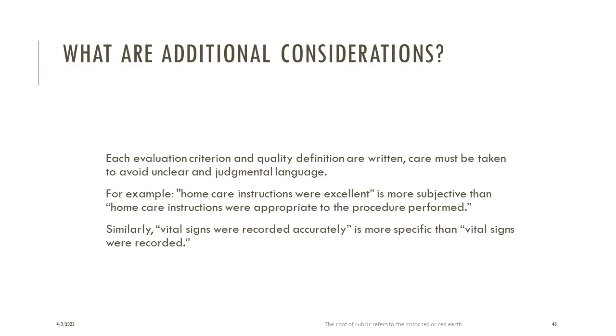Similarly, "vital signs were recorded accurately" is more specific than "vital signs were recorded." So we have to be very careful about our writing of the criterion, and we have to be very specific in defining it.